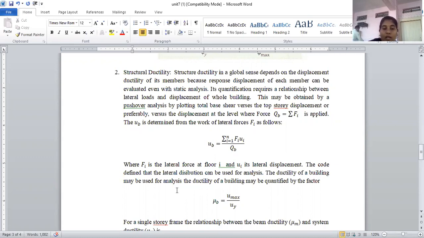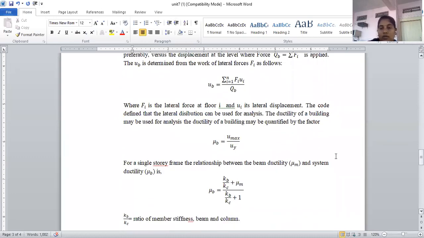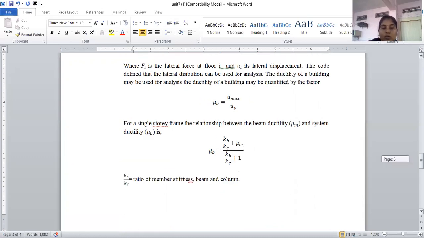The ductility of the building may be quantified with the following parameter, that is U max to U y, the maximum displacement to the yield displacement, which will be calculated for each and every story with the beam ductility, that depends upon each and every member ductility, and the system ductility mu b is the total ductility.